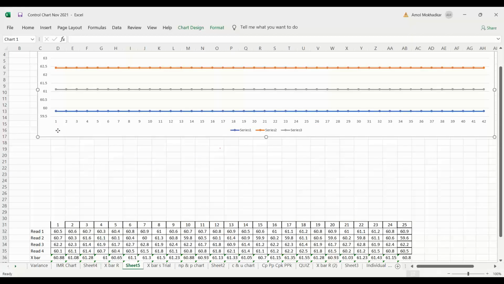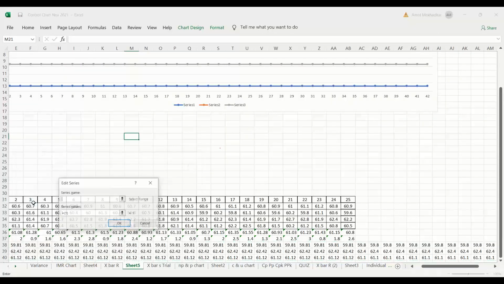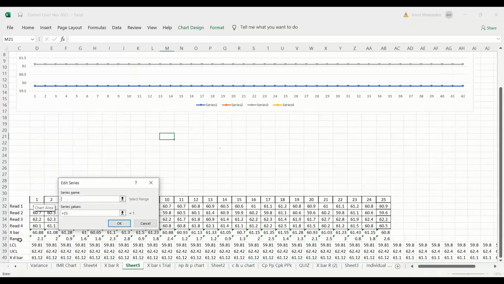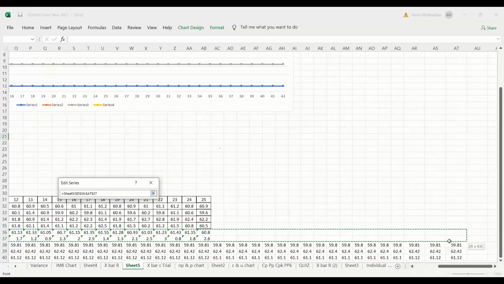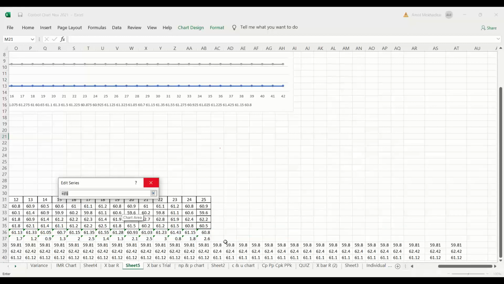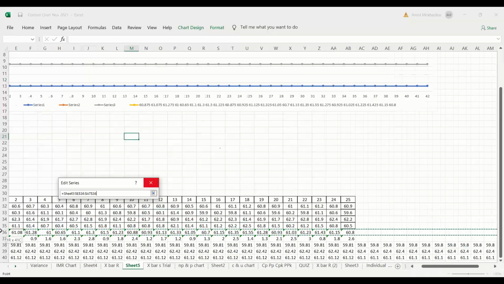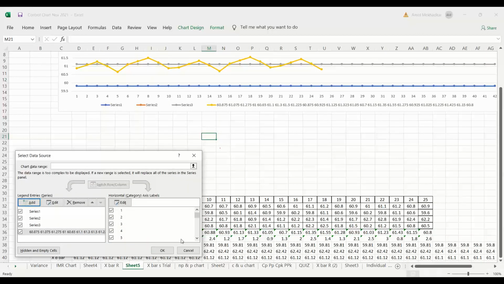So I will just add one more line, that is of, oh sorry, जो x बार की वैल्यू है आई एम गोइंग टू पुट इट हियर.